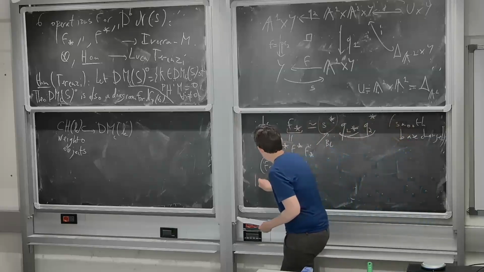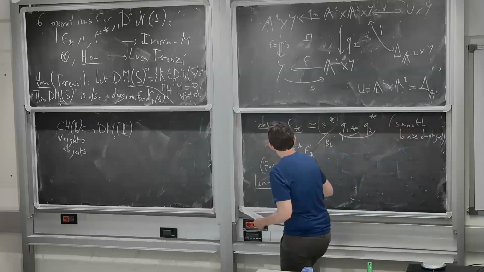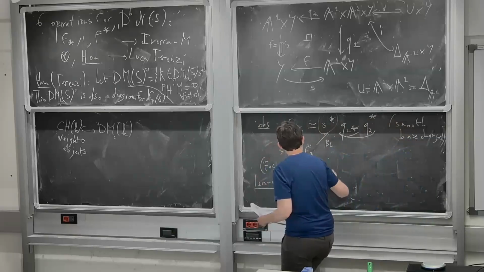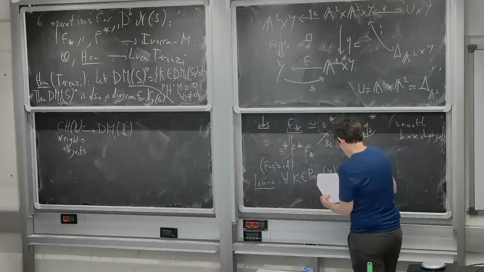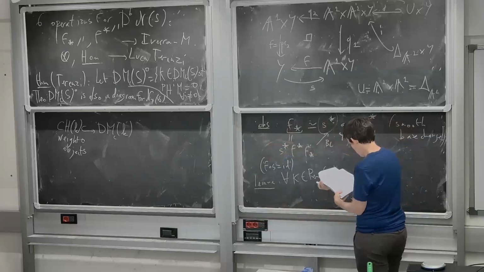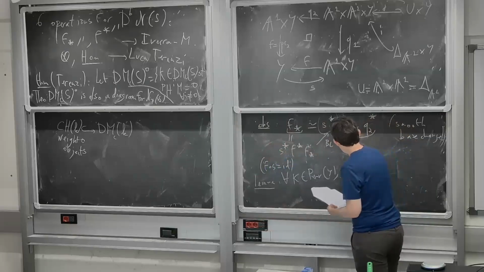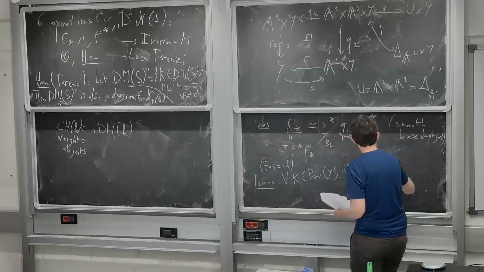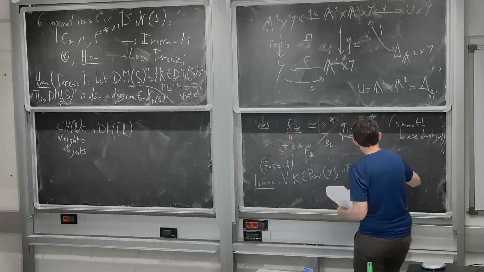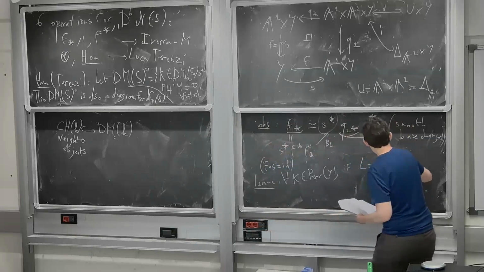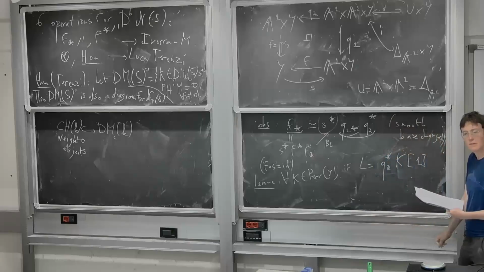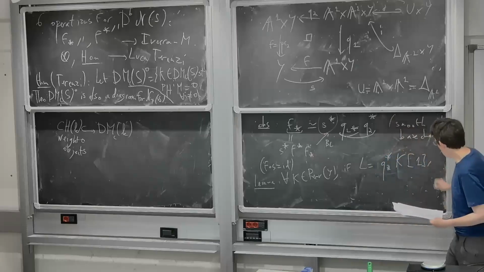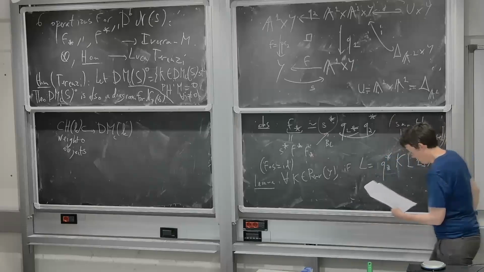So the lemma is that for every perverse sheaf A on Y, if we take L to be Q2 upper star of A shifted by 1, so this is a perverse sheaf. Okay, then you look at this.